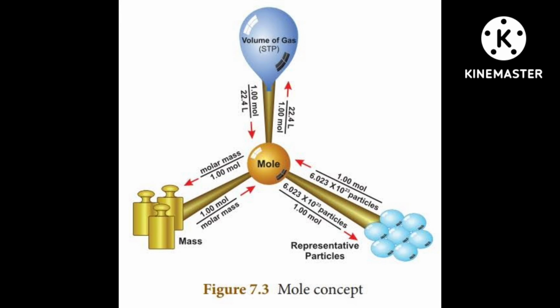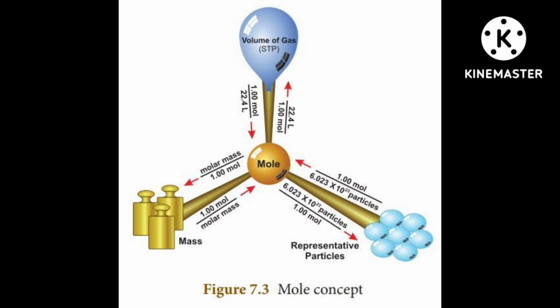Then for 1 gram, it will be 1 divided by 1.992648 into 10 to the power minus 23. Then for 12 gram, you simply have to multiply, means 1 divided by 1.992648 into 10 to the power minus 23, into 12.